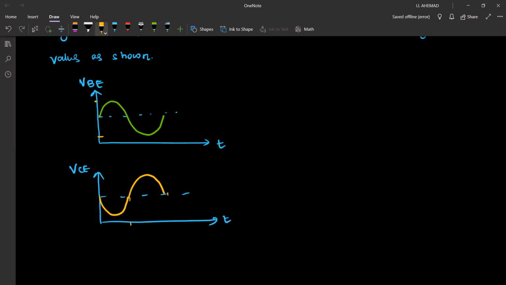So this is the input signal we gave, delta VBE, and this is the output signal we obtained between these two, delta VCE.